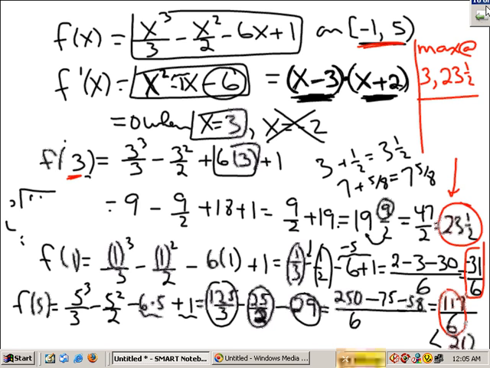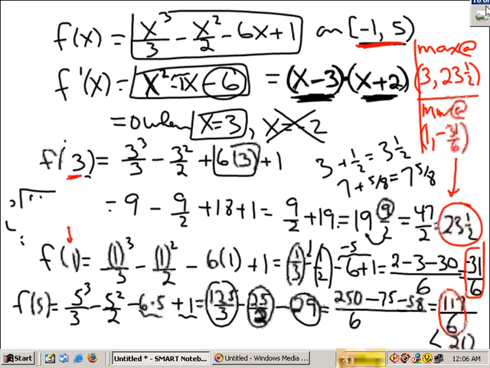And we have a possible min at 1. And since 1 is in our interval, we're done. We have a min at 1, negative 31 over 6. And there's your answers.